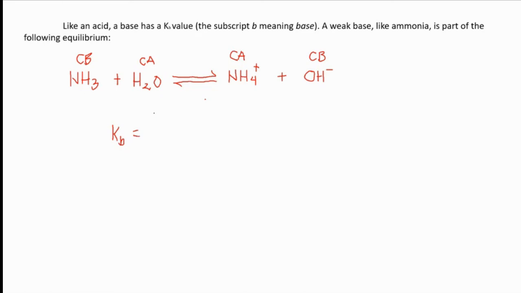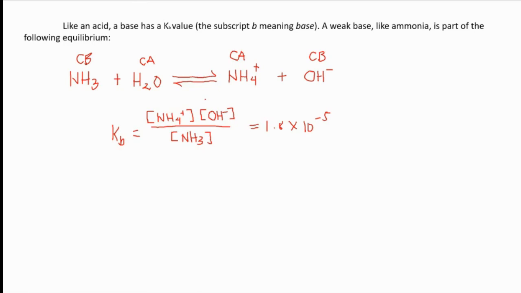We have NH4 plus times OH negative over the concentration of ammonia, NH3. Right, so the Kb of ammonia is equal to 1.8 times 10 raised to negative 5. Same as the Ka of acetic acid, 1.8 times 10 raised to negative 5.